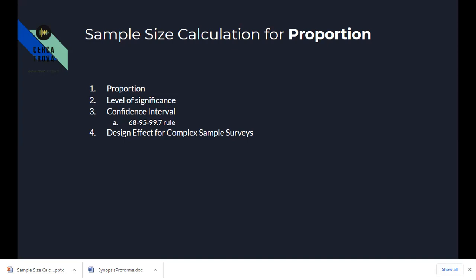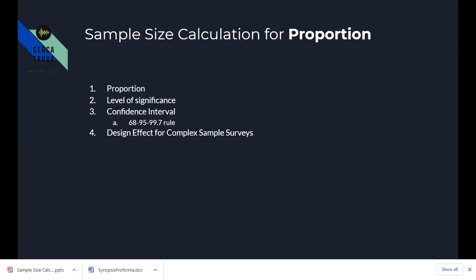A design effect is an adjustment made to find a survey sample size. This may be due to a sampling method, for example, cluster sampling or stratified sampling, which results in a larger sample size. The design effect tells you the magnitude of these increases and its effect on your study.